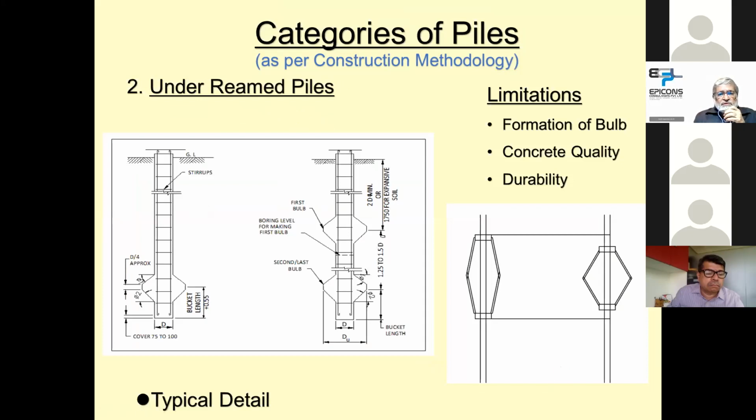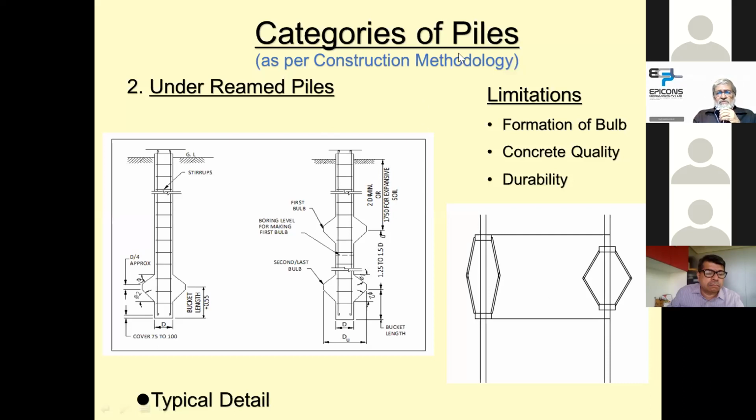And if I show you a hand-drawn sketch, it shows a pile which is bored with either a single bulb or double bulb inside. This bulb is formed by the same equipment with which we are boring, and it has a mechanism which flares and opens up and makes a bulb inside.